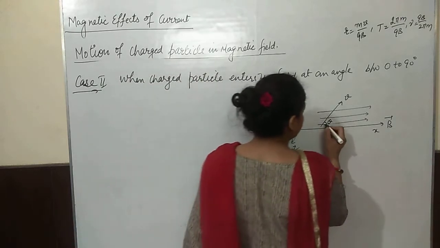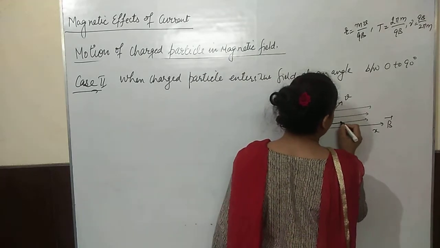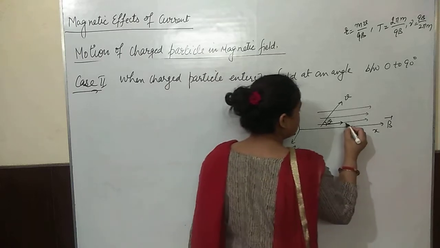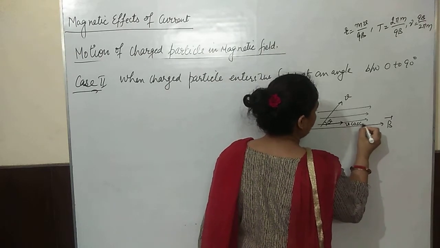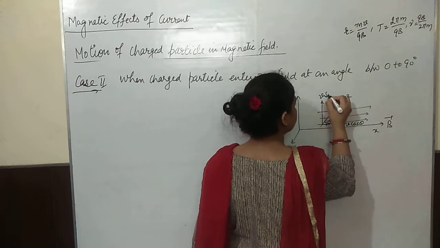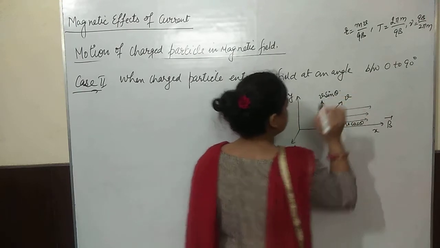So here the component of velocity which is parallel to the magnetic field is v cos theta, and this velocity component is v sin theta.